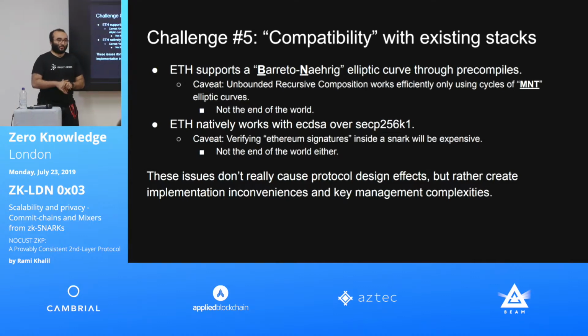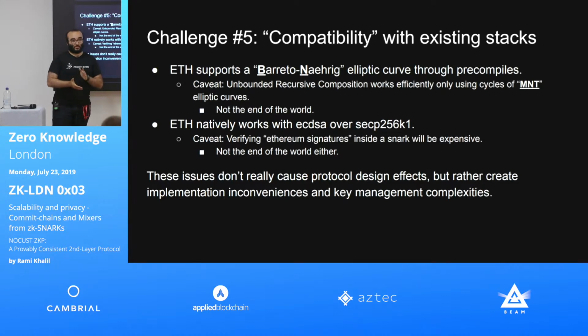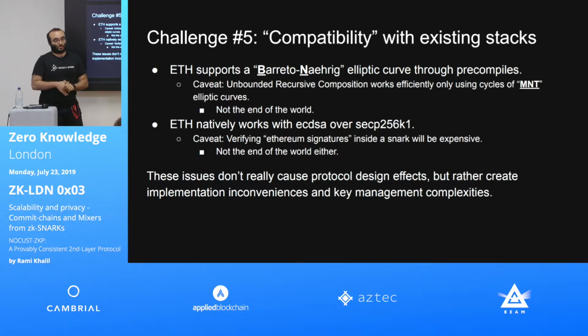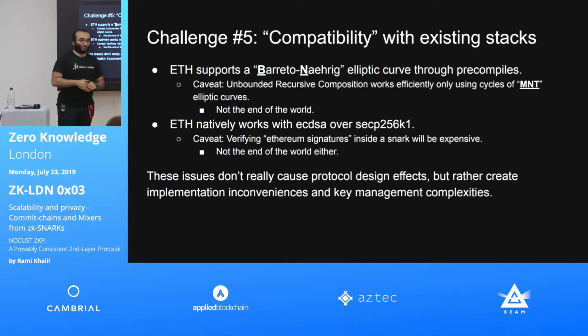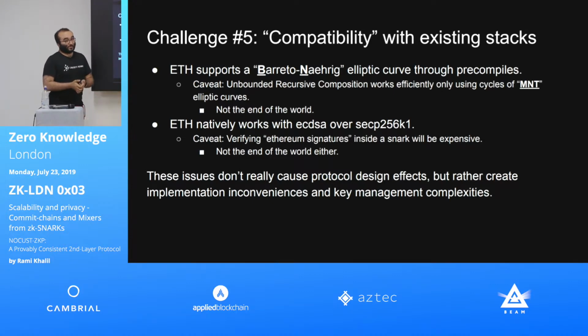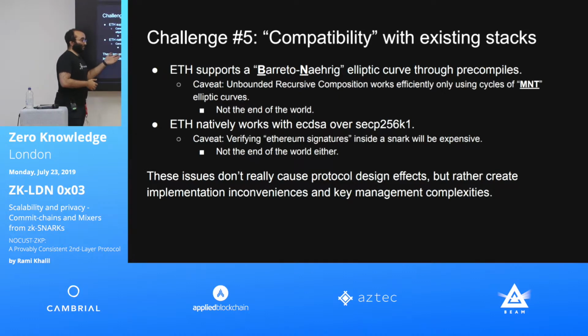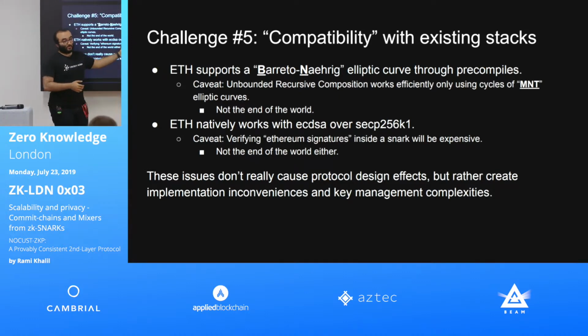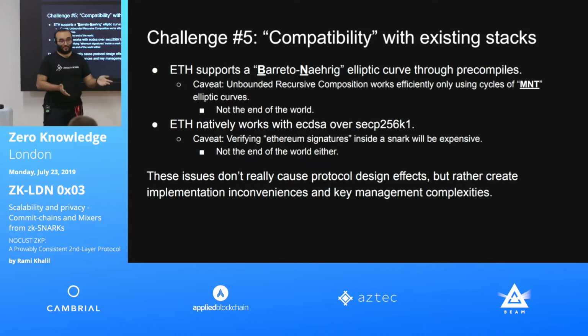And Ethereum only supports BN elliptic curves, specifically the alt BN elliptic curve through precompiles. So it's still not the end of the world. One plausible solution is to implement our own smart contracts and do all of these elliptic curve operations.